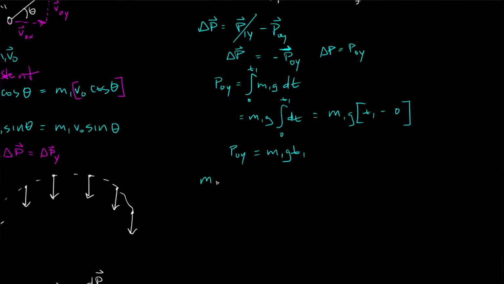We get m1 v naught sine theta equals m1 g t1. Now m1 is multiplying both sides, so we can cancel that out. Now we solve for t1 by dividing both sides by g. We get t1 equals v naught sine theta over g, or v naught y over g.